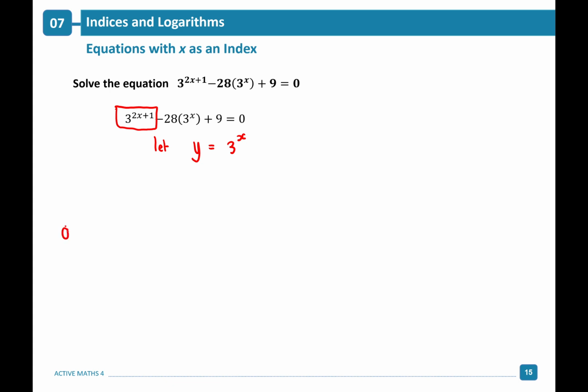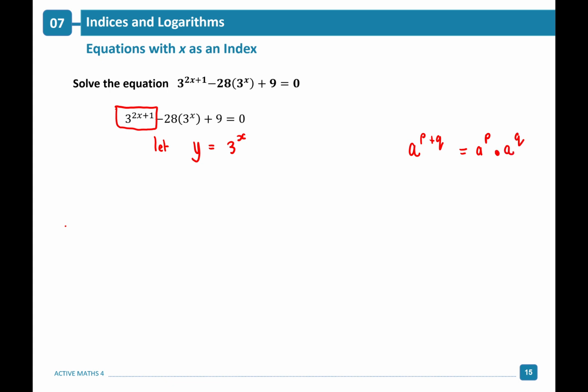So we know our first rule: a to the power of p plus q is the same as writing a to the power of p times a to the power of q.